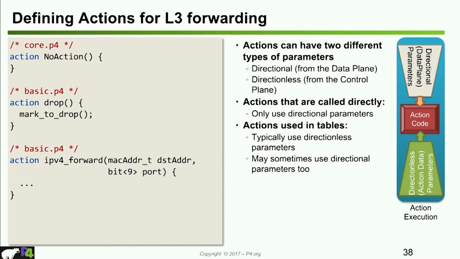So these are the headers and metadata that come along with the packet. And then there's directionless parameters, which are those that are provided from the control plane. These are the things that are stored within the table entries itself. So actions that are called directly only use directional parameters, since those are provided by the data plane. And actions that are used in tables typically will use directionless parameters, but may also use directional parameters sometimes as well.